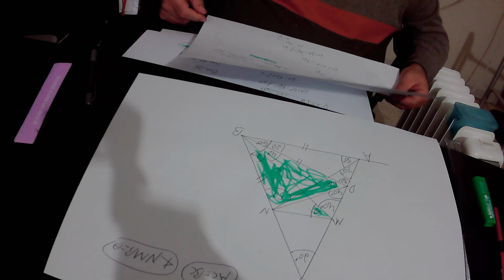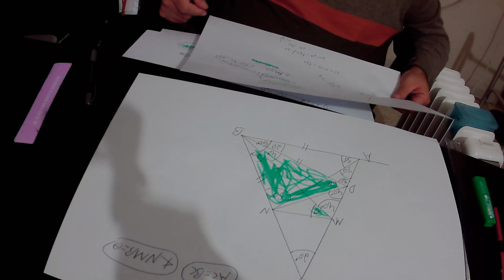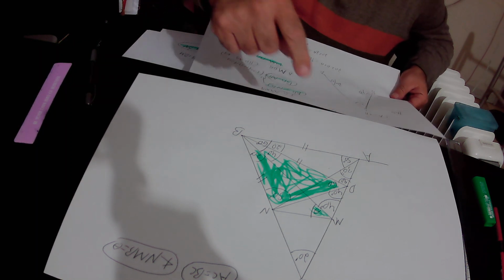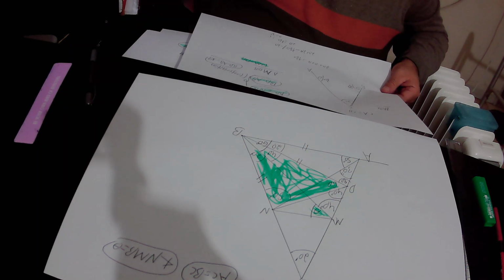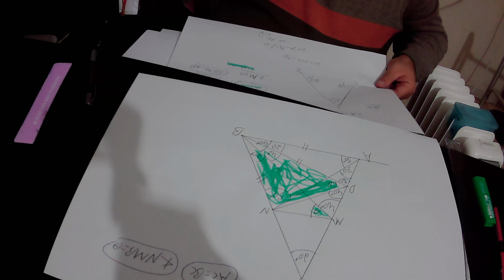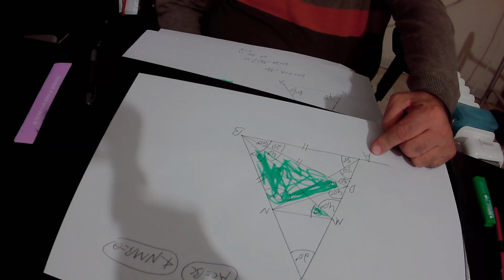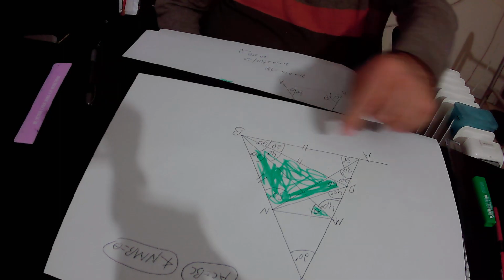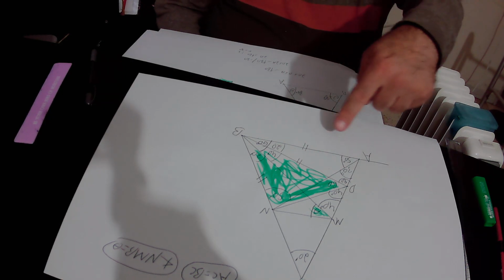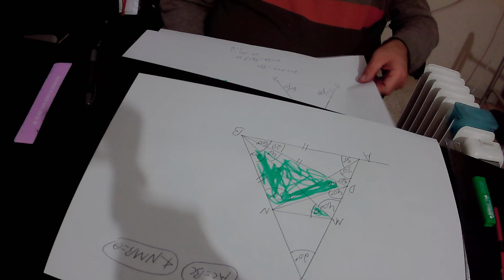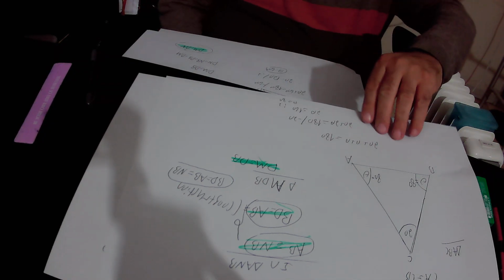So that we have here triangle ADB. We found out that DB equals AB.